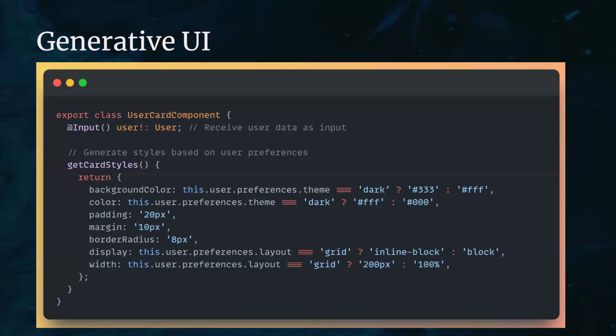Basically, the UI adapts to the user's theme and layout preferences in this case. This is what we call generative UI. Generative UI can be nicer and more beautiful than conditional UI, but there can be exceptions as well.